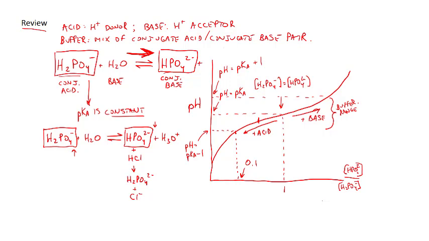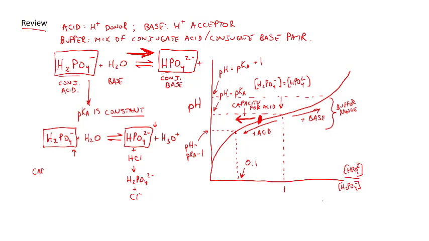And then we have something called the buffer capacity, and the buffer capacity is related to how far you can go on the x-axis. If you're starting off at this pH value right here, then this horizontal arrow represents the capacity for added acid.